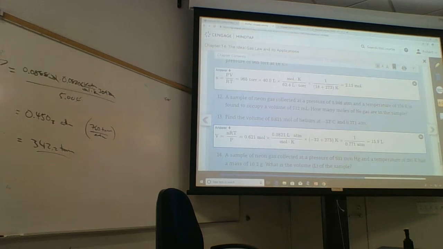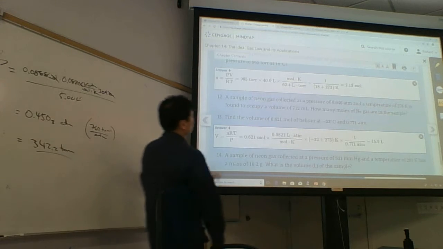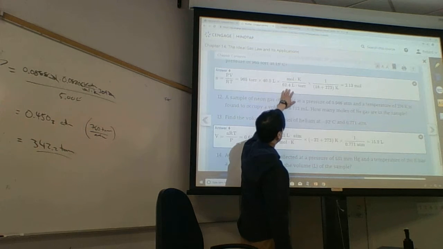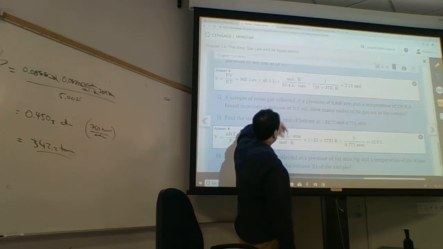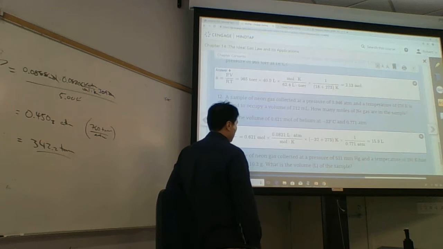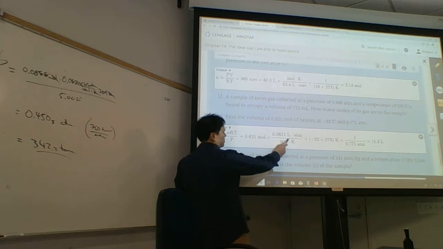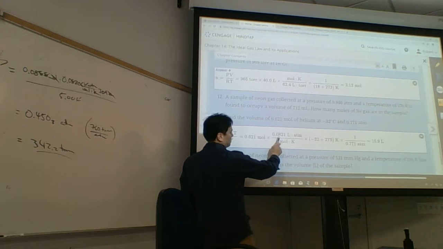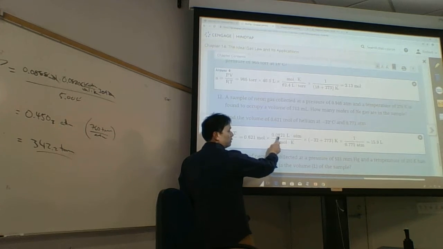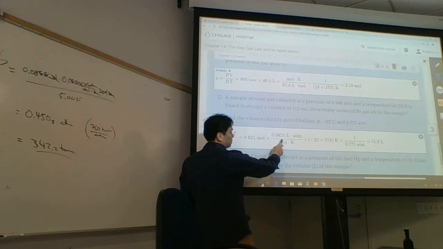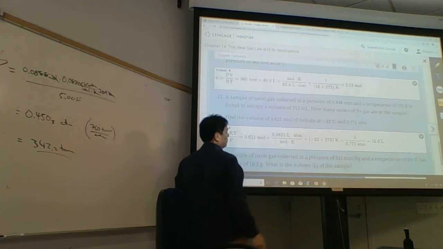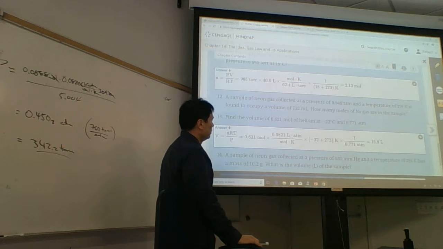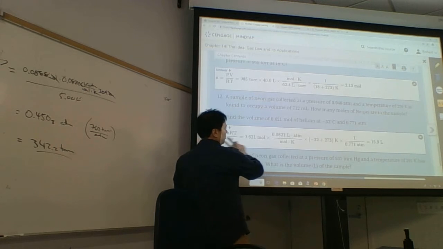It's not so difficult to memorize two values of R, one in liters torr per mole Kelvin. However, I want you to memorize R, when we use liters atmosphere per mole Kelvin, to 4 sig figs. So the 3 sig figs is 0.0821, the 4 sig figs is 0.08206. So we do that, we calculate the volume here.